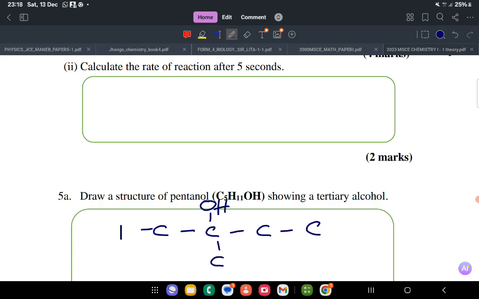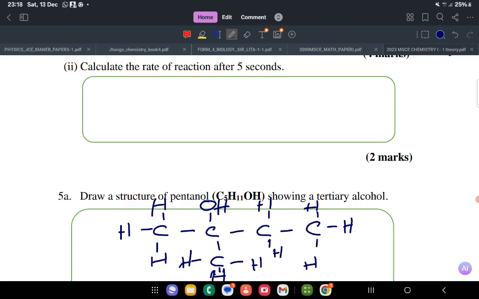So in this case, we shall have an H here, another H, another H, like that. See, this also should have an H, H, an H, an H, another H, like that.